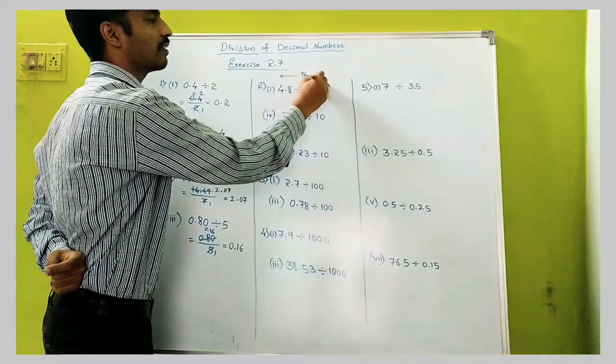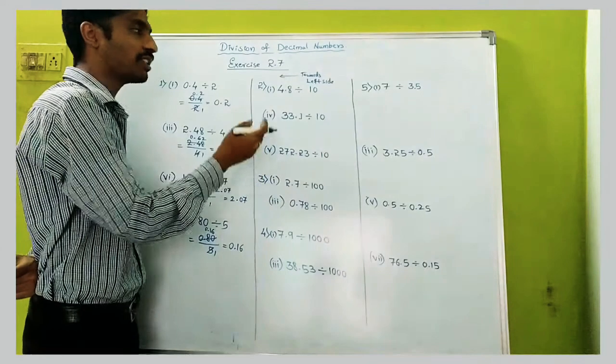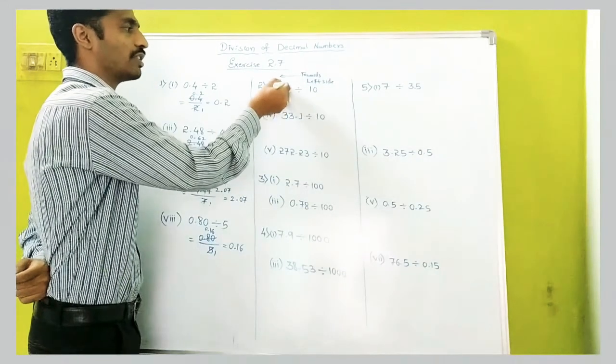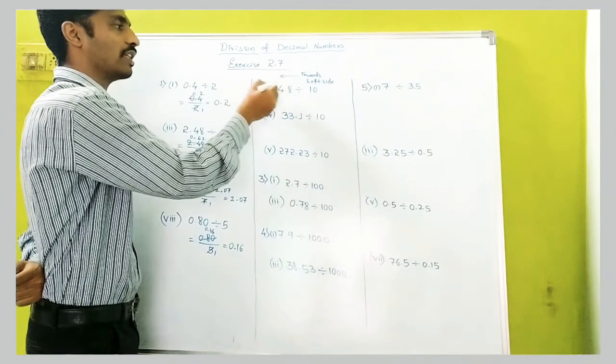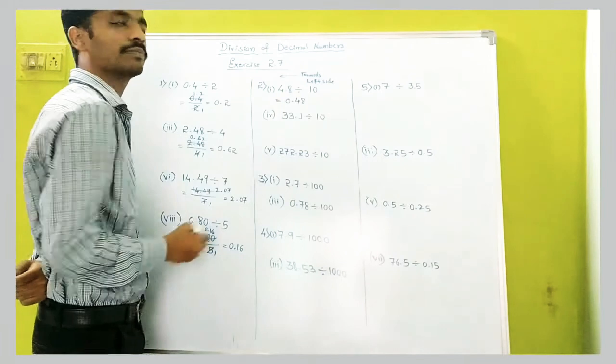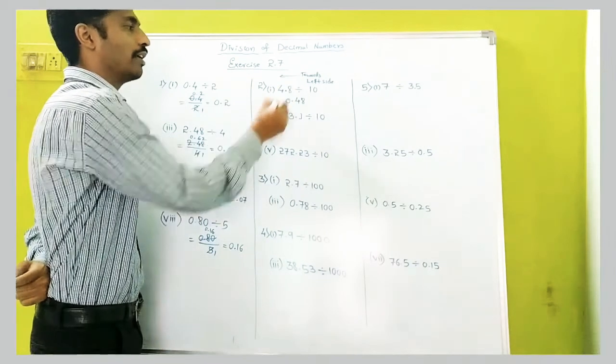How many zeros are there? That many places we have to move. So here 1 zero is there, so this point will move towards the left. So our answer will be 0.48. So this is our answer.